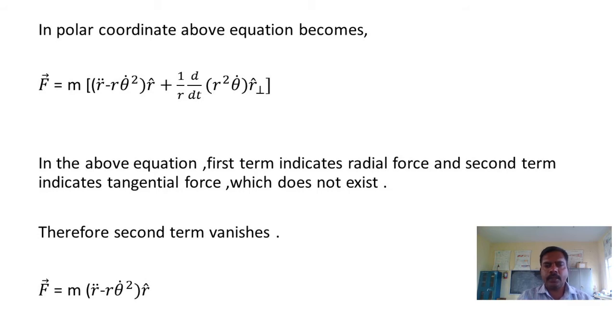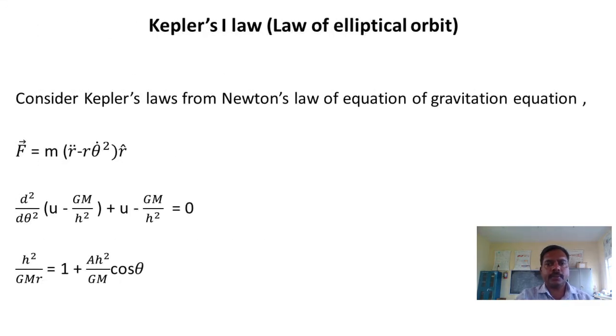So, Kepler's first law of elliptical orbits. Considering Kepler's law from Newton's law of gravitation, the equation is given by vector F equals m into (r double dot minus r theta dot square) into the unit vector, that is d square u by d theta square plus u minus GM by h square equals 0.